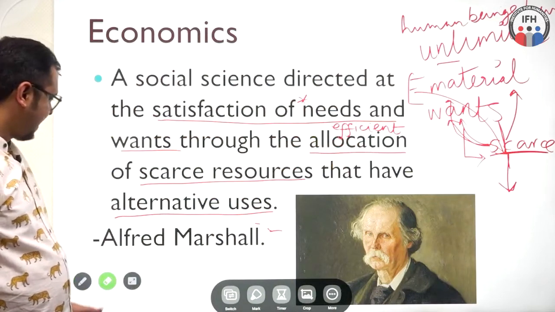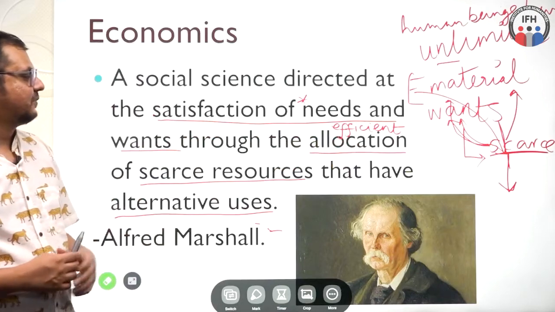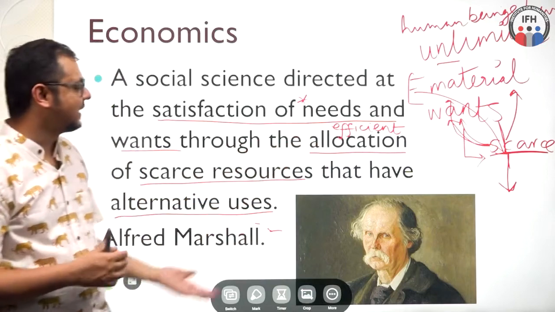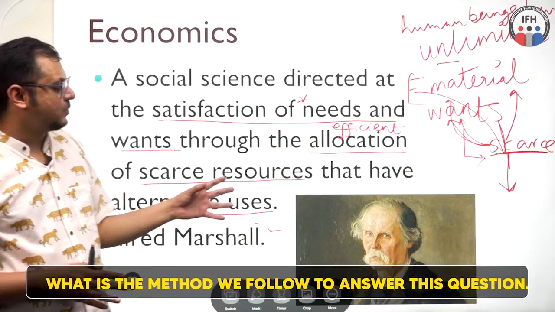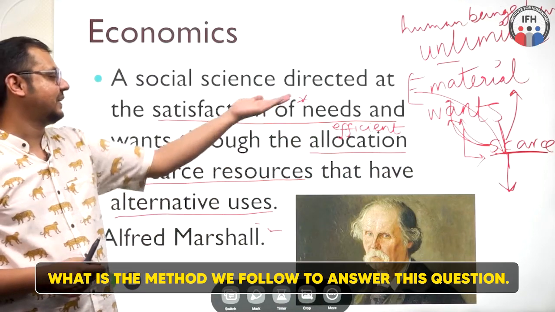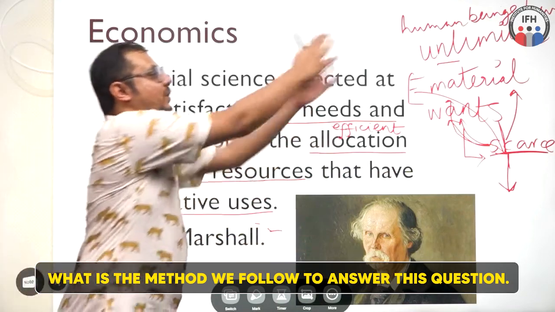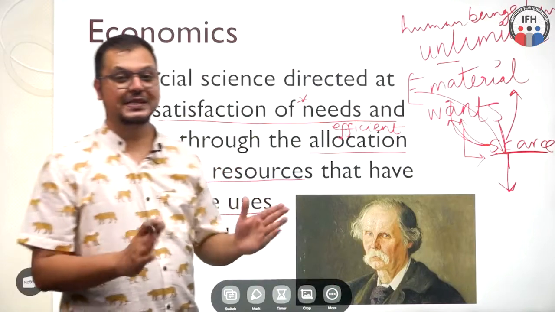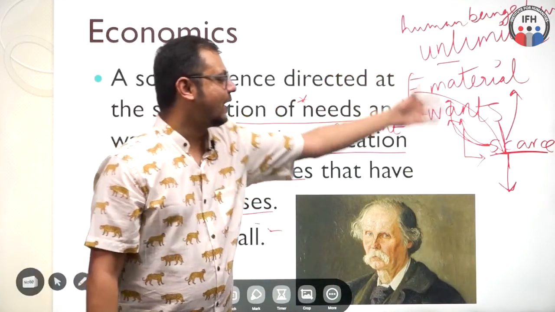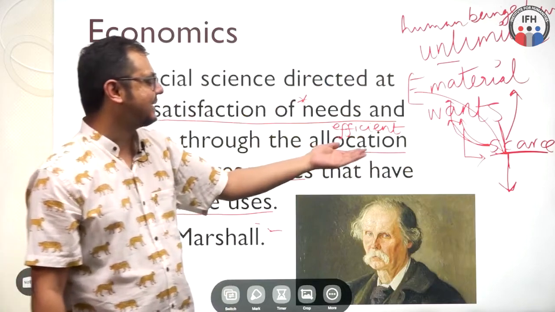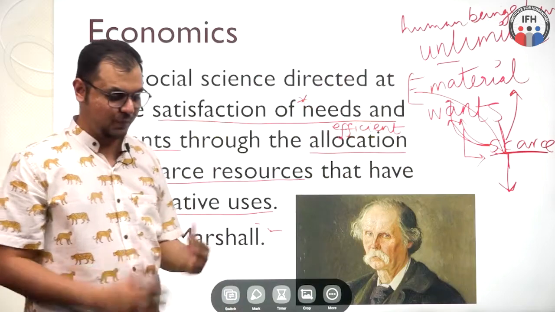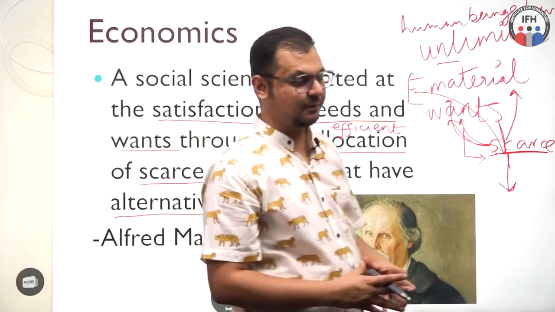Now, having understood this, what you must also see is that this general definition comes with a method, of course, right? At some point, you can't just say, okay, this is economics, then how do we go about talking about this? There must be some sort of mathematization or process or methodology to standardize and understand better how to answer this entire question. And we will discuss methodology, like I keep saying.